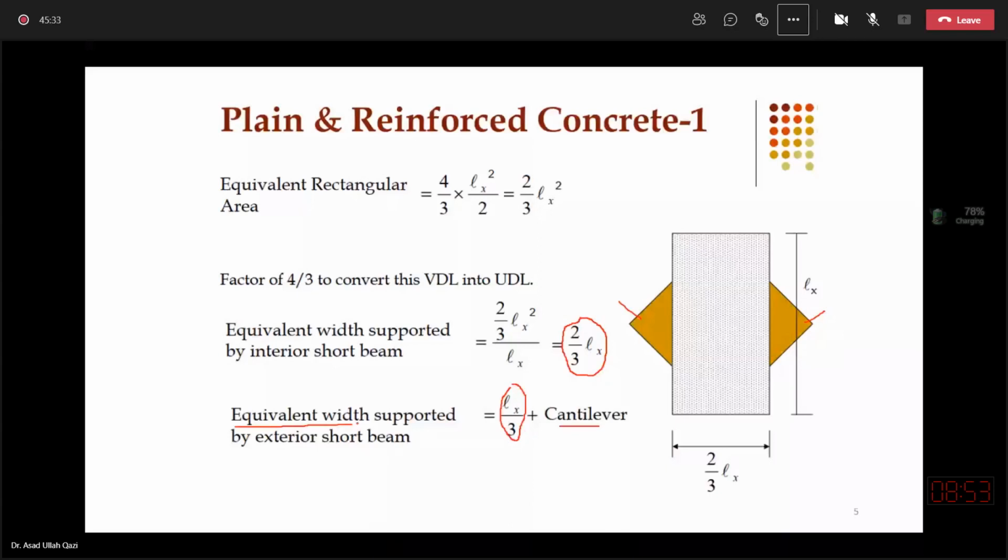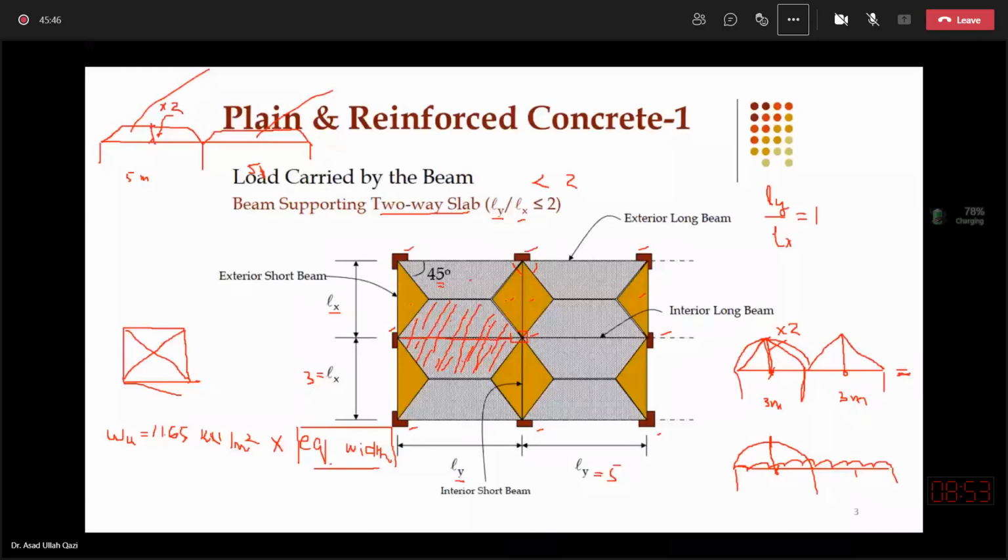The result is, for example, let me apply this 2 by 3 LX to this beam. Let me first hatch this. So I'm now talking about this beam. If I say that this beam has two triangles and it has the span 3 meter, I am now converting it into a beam which has the UDL, and the answer I will get is the same.